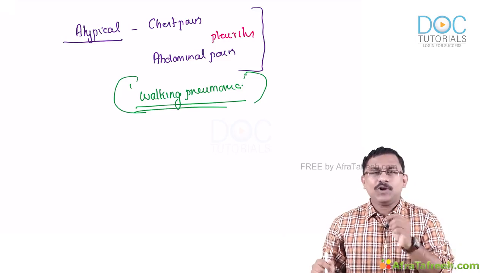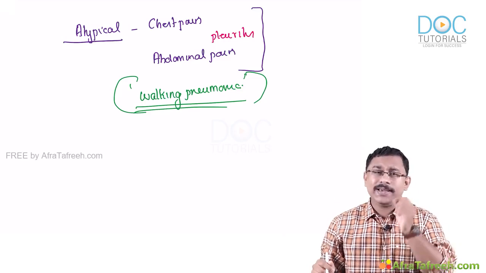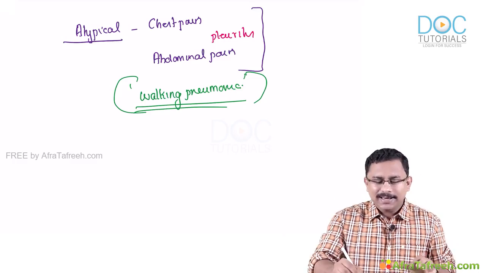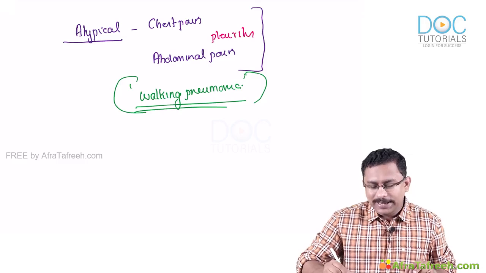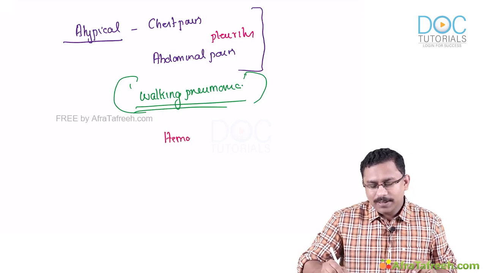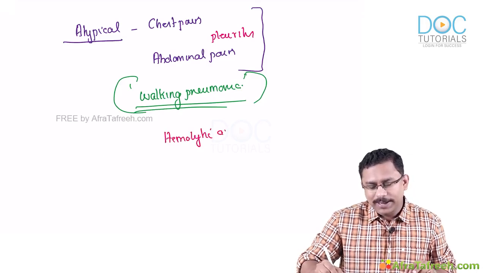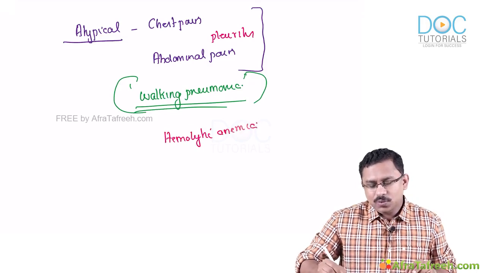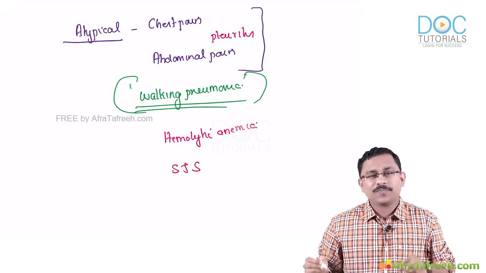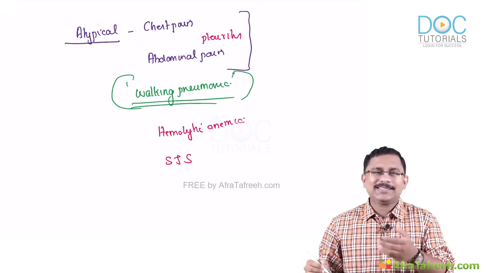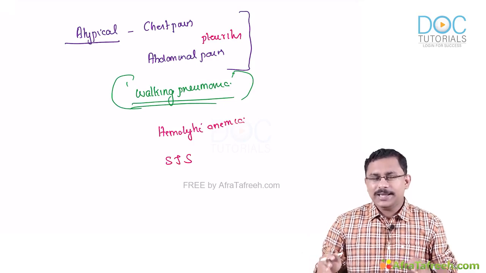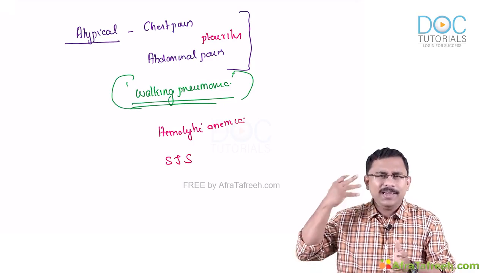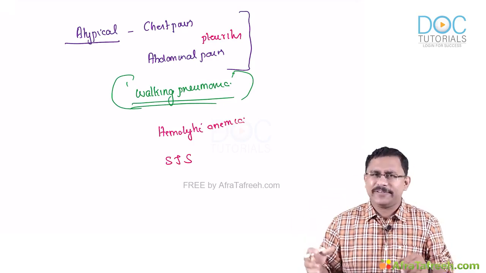And also this mycoplasma pneumonia is associated with certain other atypicalities, like you may have an associated hemolytic anemia. Also Stevens-Johnson syndrome. So these are again some of the atypicalities that can occur in a mycoplasma pneumonia. Not just this, you can have some ear problem, sometimes some cerebellar affection.